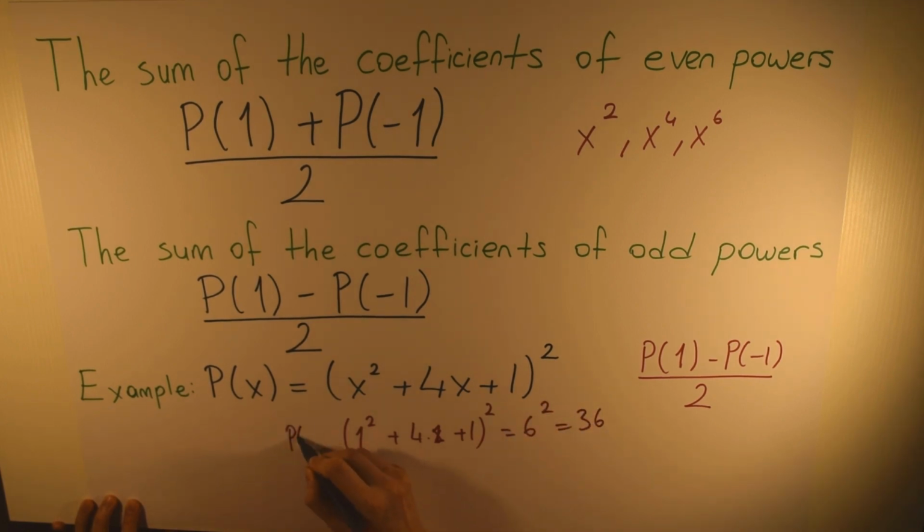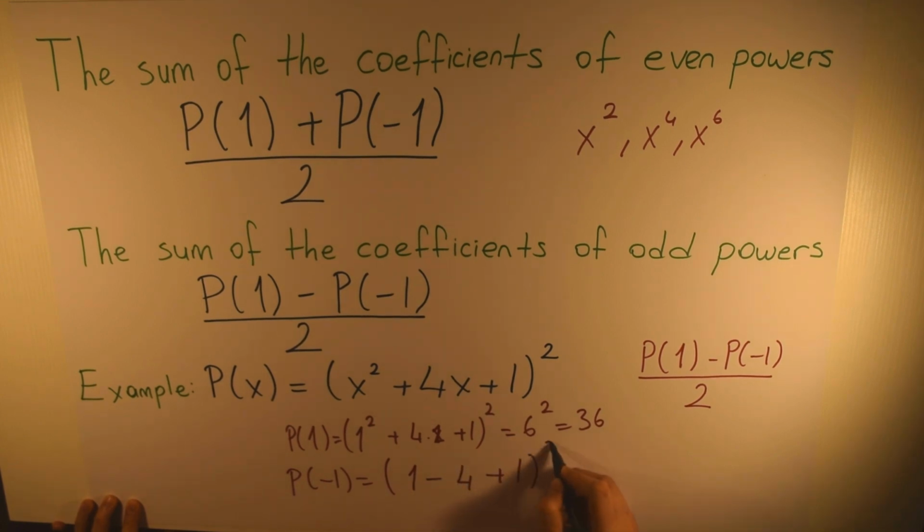And this is p(1). p(minus 1) is equal to, here we get minus 1 squared is 1, minus 4 plus 1, we get here minus 2, (minus 2) squared, it's equal to 4.